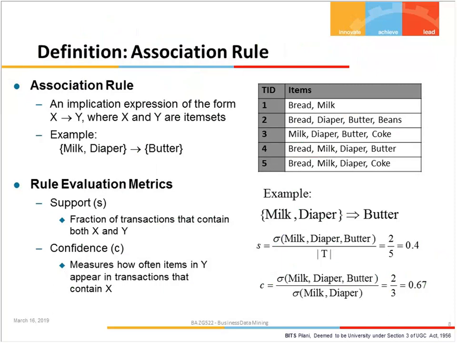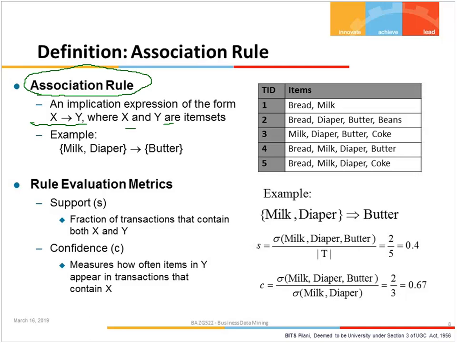Now let's look at association rules. It is something of the form X implies Y, where X is an item set and Y is an item set. Then we refer to this as an association.